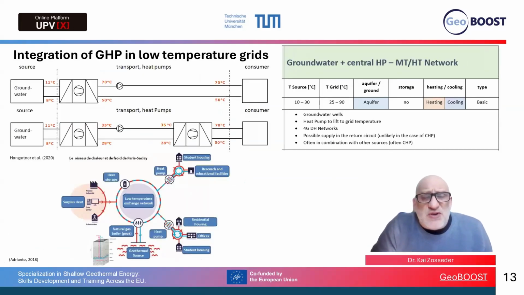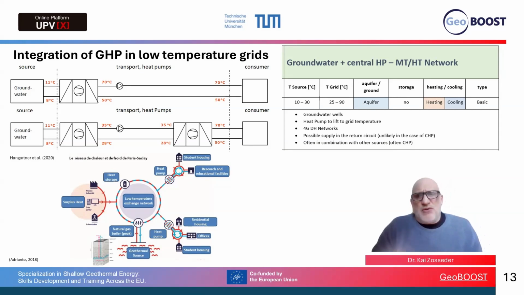Of course, you can integrate ground source heat pumps also with a specific higher temperature. So we go more to the fifth generation grids here. Then you can use a heat pump to increase, for example, groundwater sources by a central heat pump. And this central heat pump heats up then the grid to a higher temperature, for example, 70 degrees or 50 degrees, which can be used then to heat up the house and make domestic hot water.